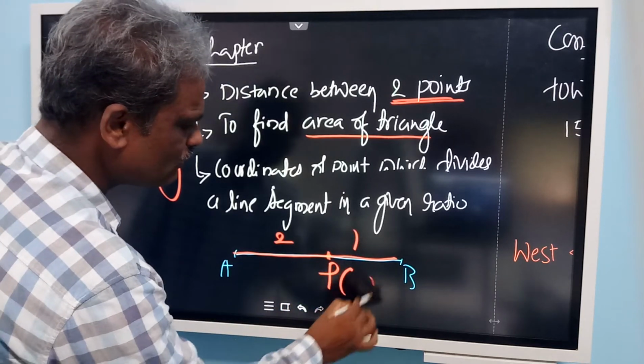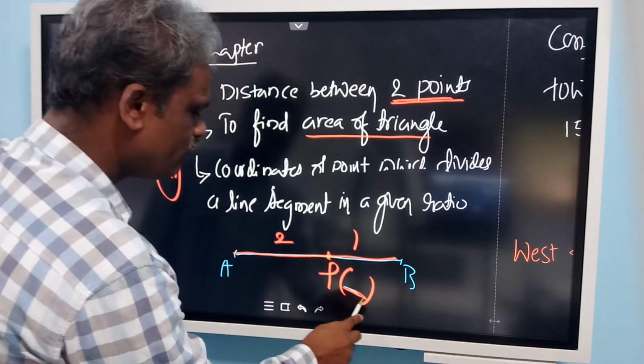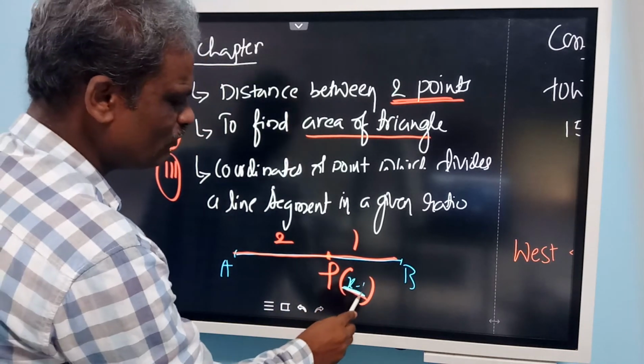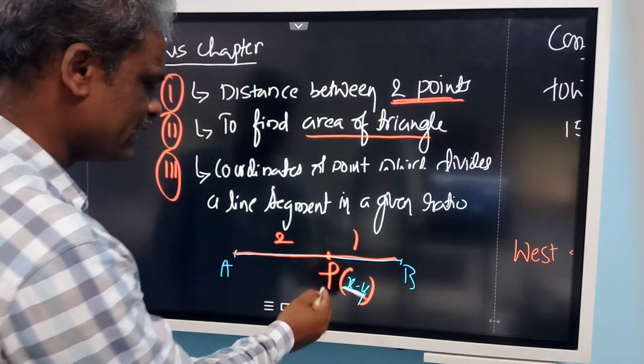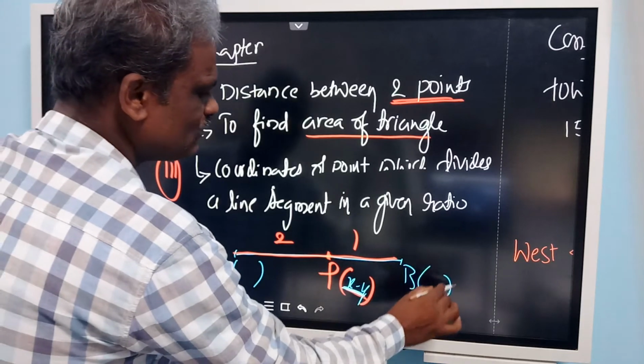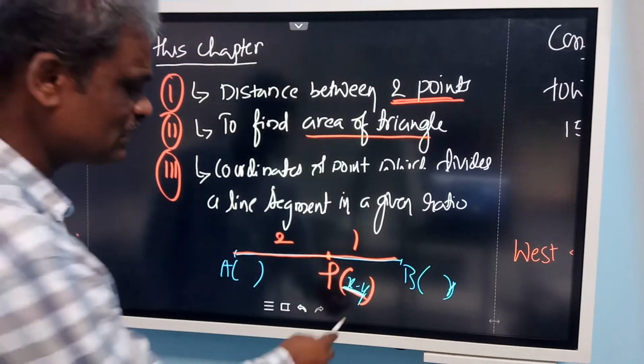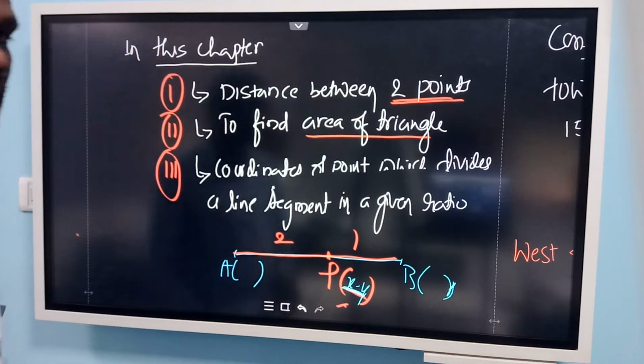We are going to find the coordinates of P, that means the x value and y value, using one formula. Here the coordinates of A and B will be given. If the ratio is given, we will find the coordinates of this point P. So this is the third point.